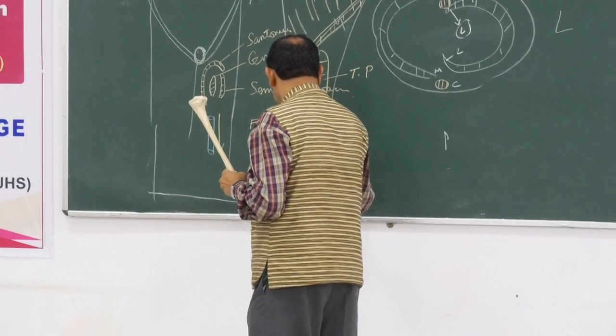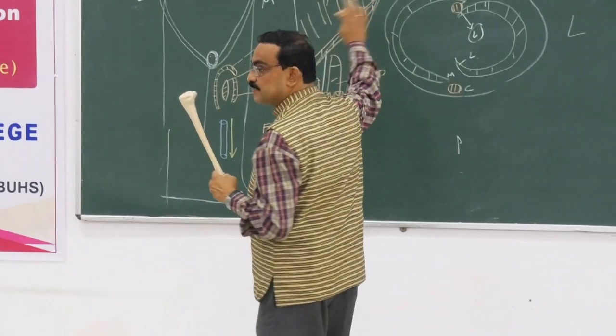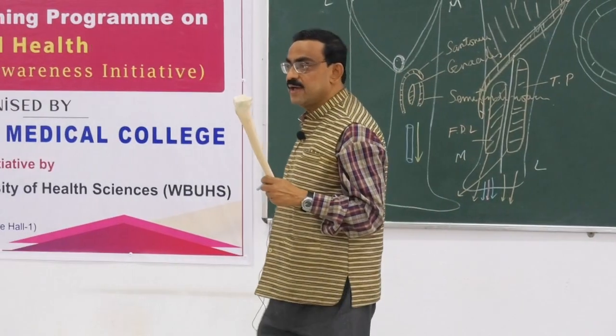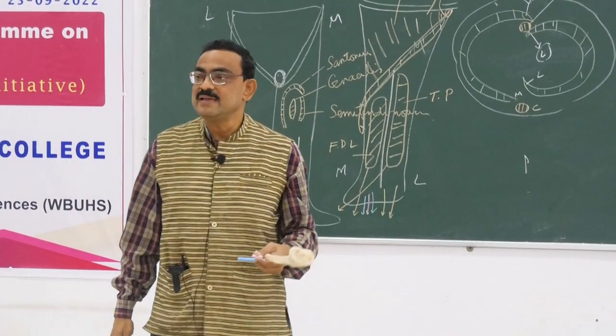It is a tendon of a muscle that is not coming from this bone, it's coming from the fibular bone. So on the posterior aspect there are so many structures.